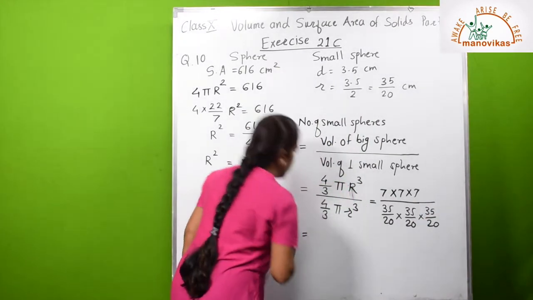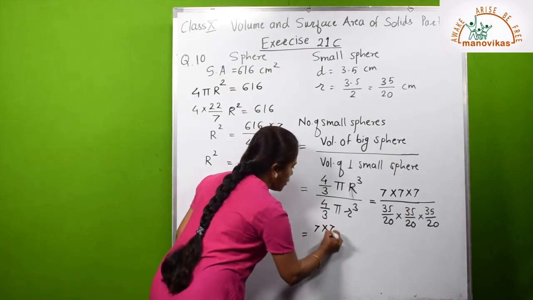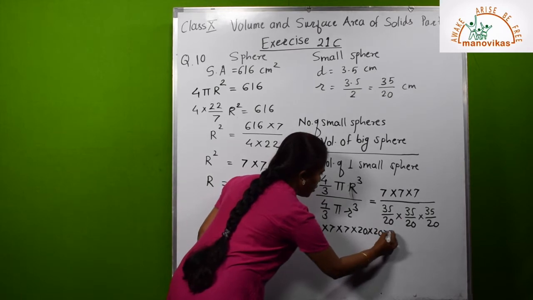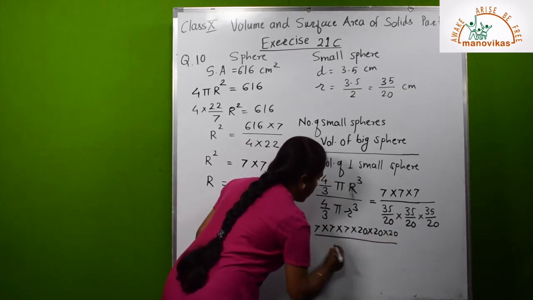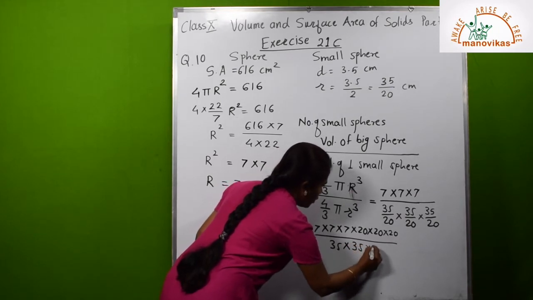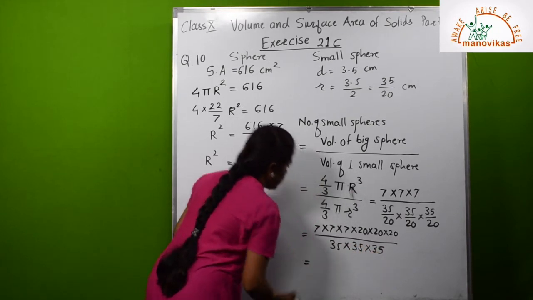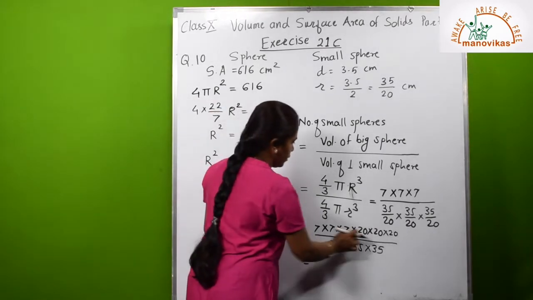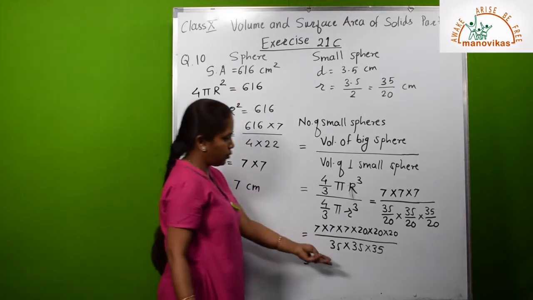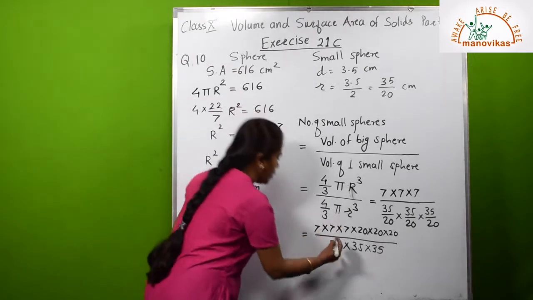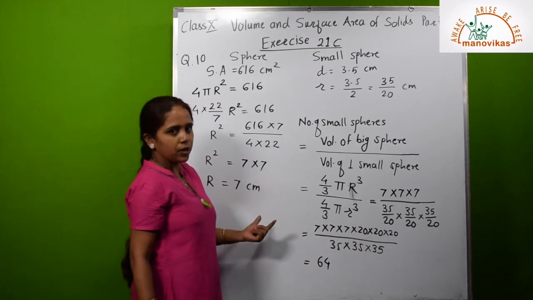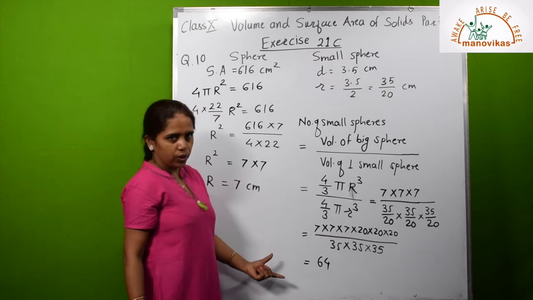Okay, so here you get 7 into 7 into 7 into 20 into 20 into 20 divided by 35 into 35 into 35. Here you can divide by 7 and 35. You will get the total value as 64. So the number of small spheres you get is 64 here.